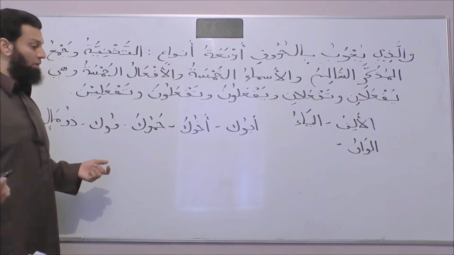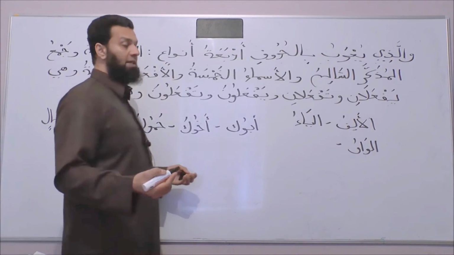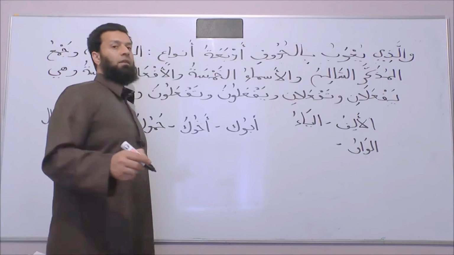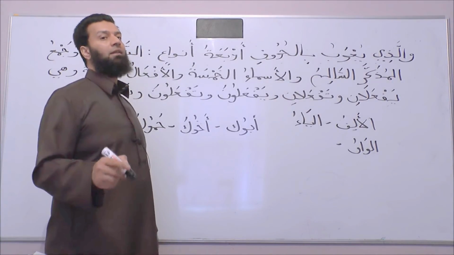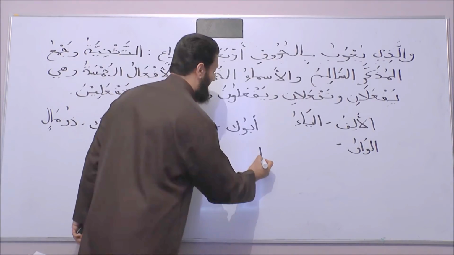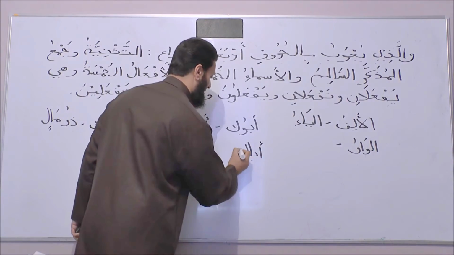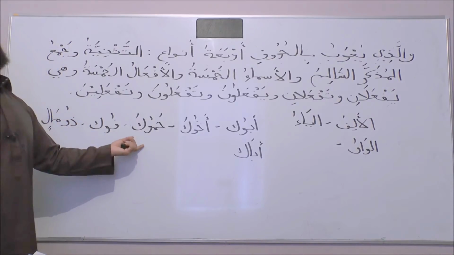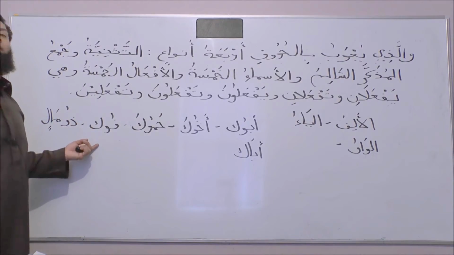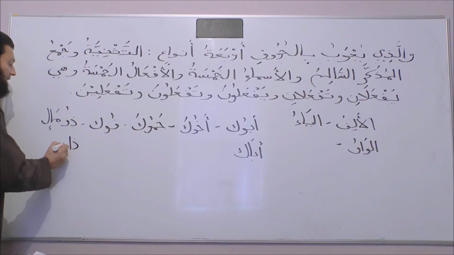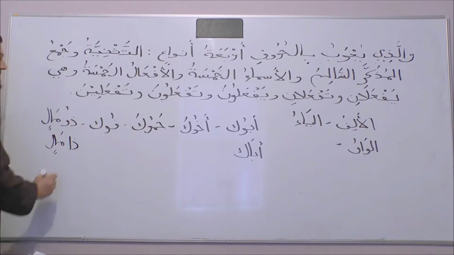Hasanan. If we wanted to render them in the mansubun state, what would it be? Abaka. Good. Abaka, and then akhaka, hamaka, faka, dha malin.